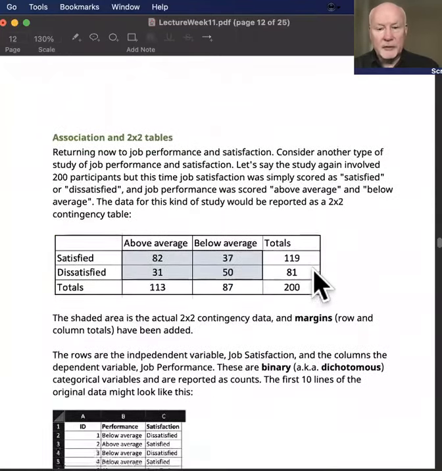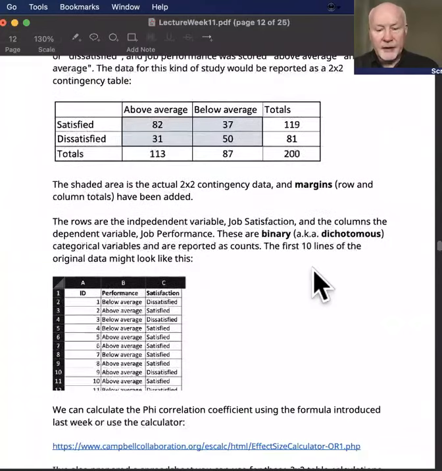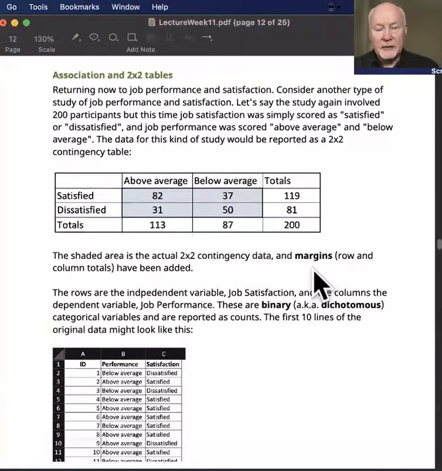Now, I want to move on to talk about a different setup. This is where instead of having two quantitative variables, we have two categorical variables. This is a very common situation that arises particularly when you're doing experiments, but also in other contexts, including case control studies, which we looked at in the lecture last week.